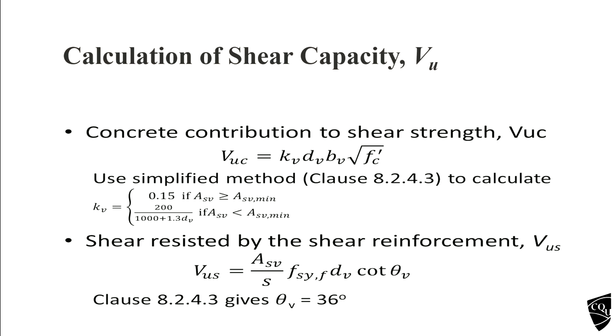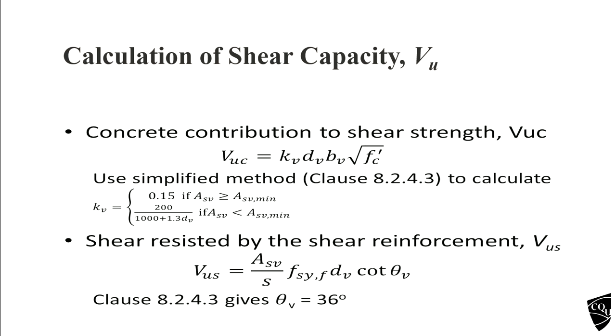So if you look at the KV, KV is given by these equations in clause 8.2.4.3. Clause number 8.2.4.3 explains how to find out the KV value. That clause is called the simplified method to calculate KV and theta.